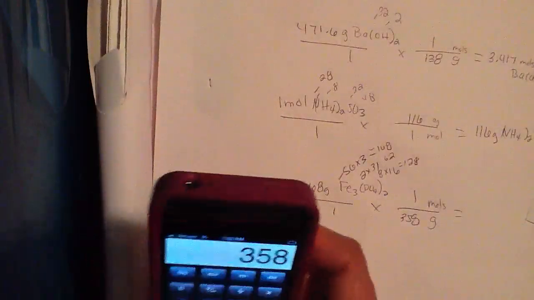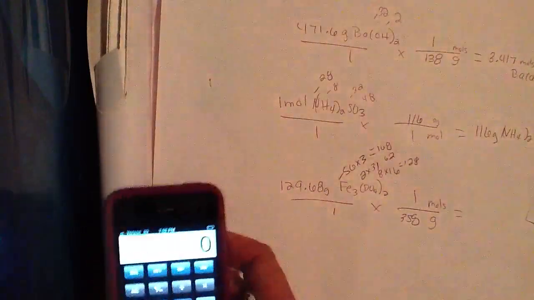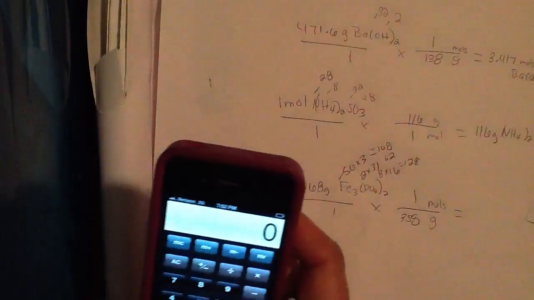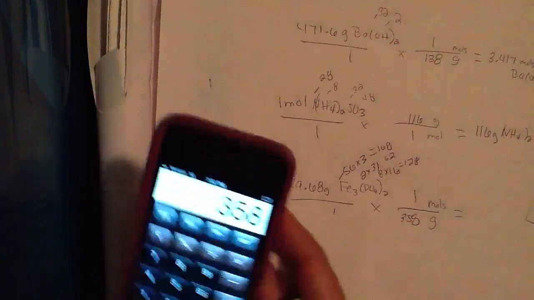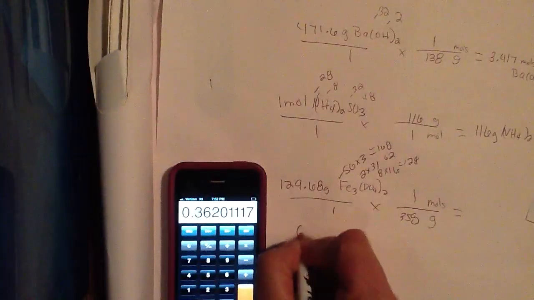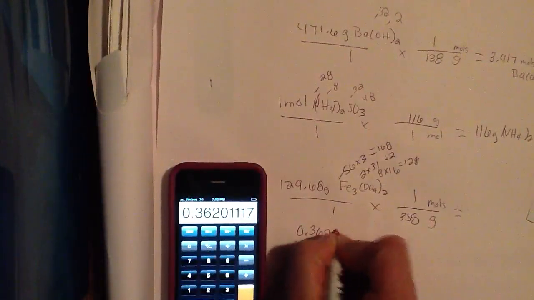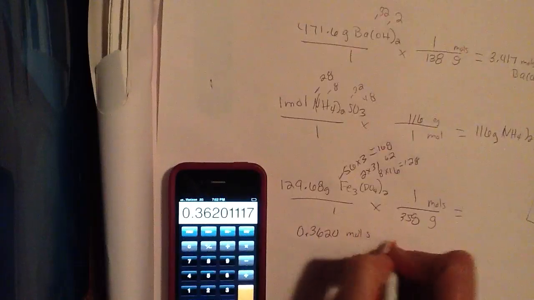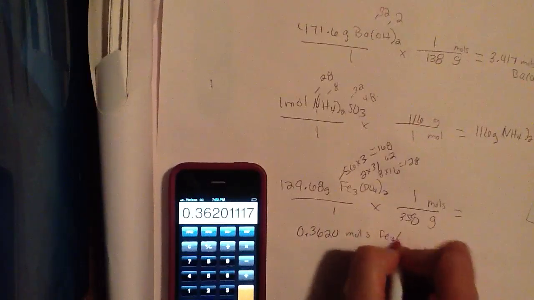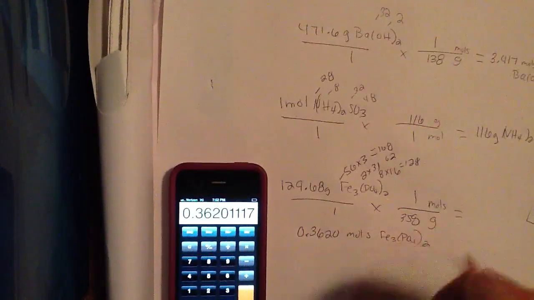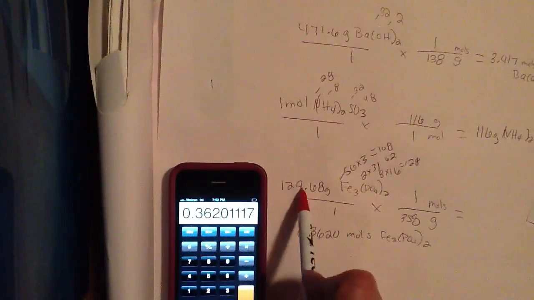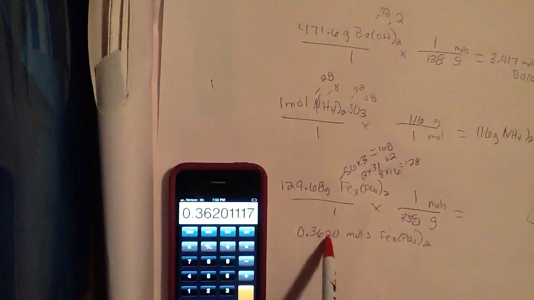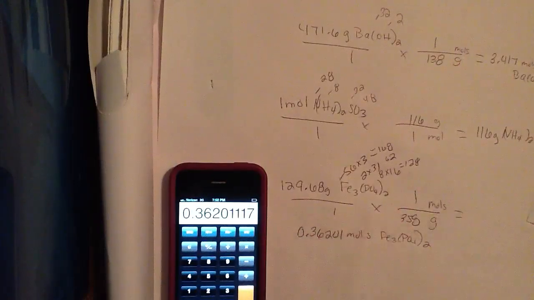Looking at this, obviously it's going to be less than 1 mole, because this number is smaller. So 129.68 divided by 358 equals 0.3620 moles of Fe3PO4 parentheses 2, so iron phosphate. Now if I look at sig figs, I have 1, 2, 3, 4, 5, so I actually would have to take this out to a 5th place if I were asking for sig figs.